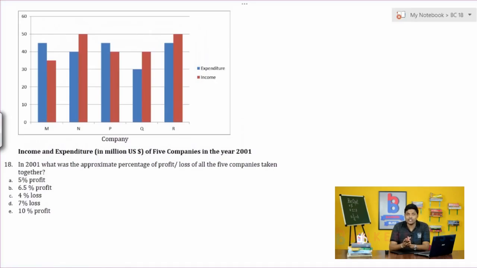In the previous problem, you had taken only 2 companies, M and N, but here you have to take all the 5 companies together.